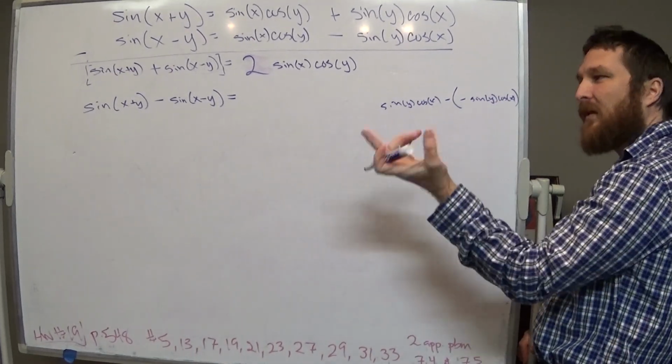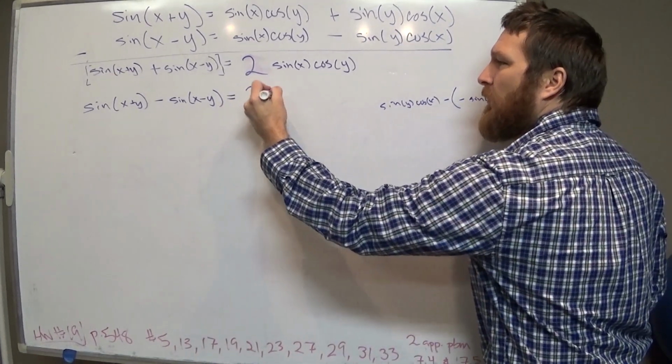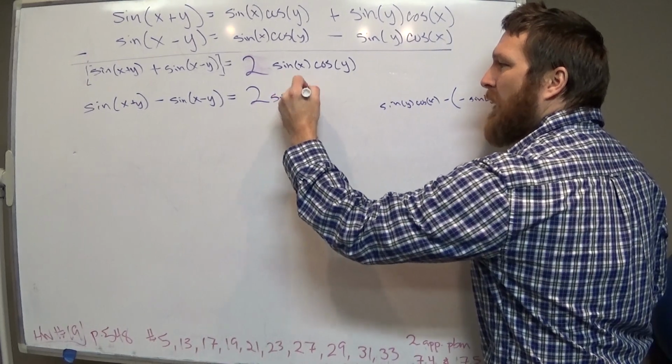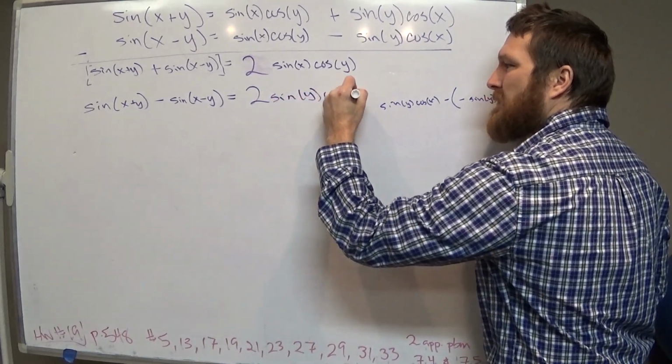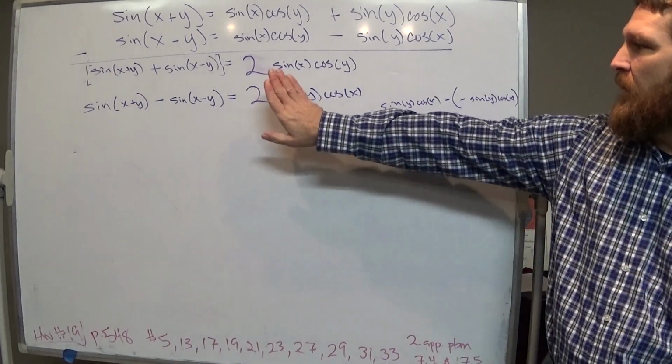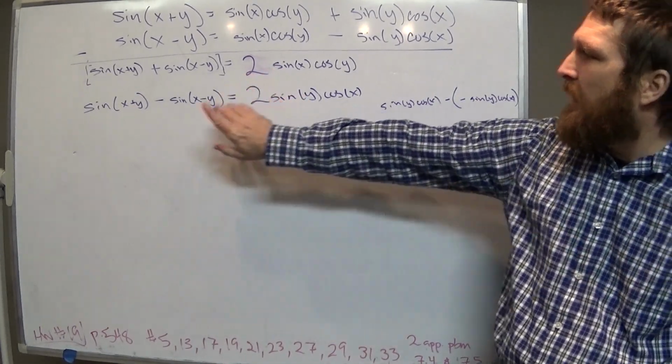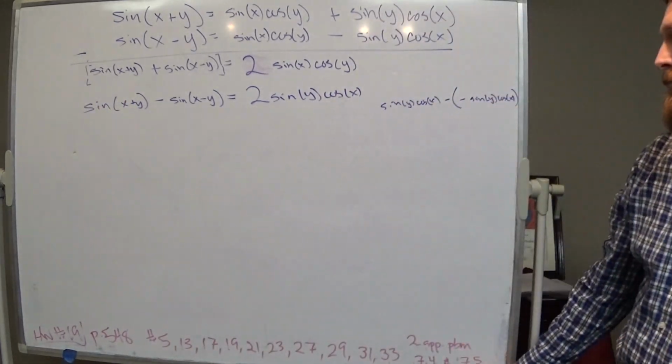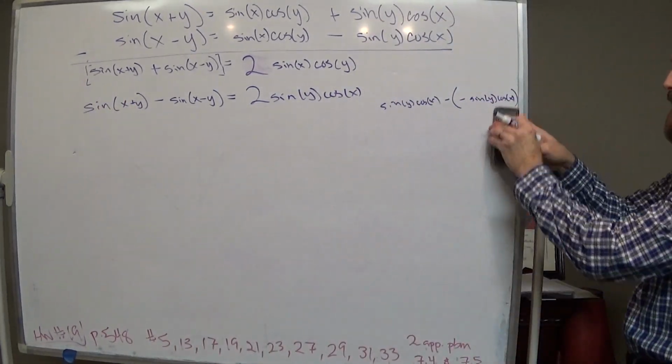Minus minus is like a plus, and so you end up now with 2 sine y cosine x right there. And again, your book presents this where the 2 has been divided out, and it has a 1/2 out in front. Okay.